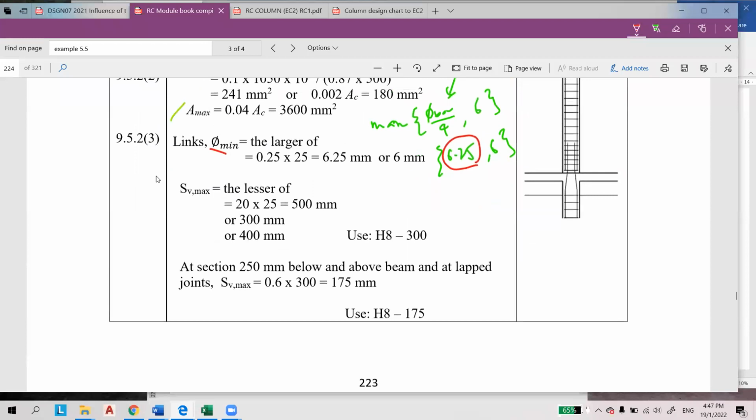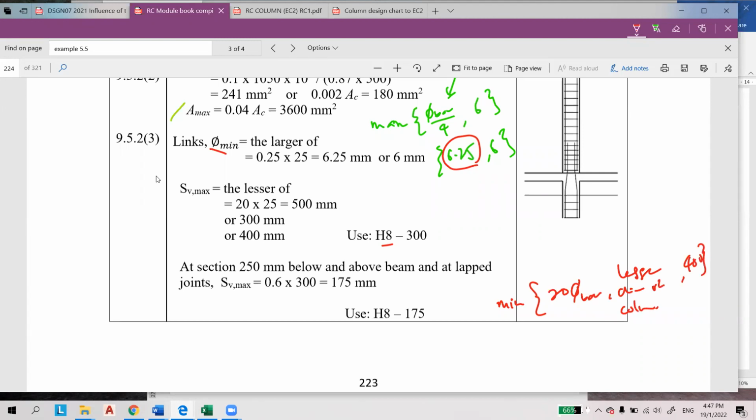For the spacing of links, you can refer to our previous video. The minimum is the least of 20 times the diameter of bar, or the least dimension of column, and 400.